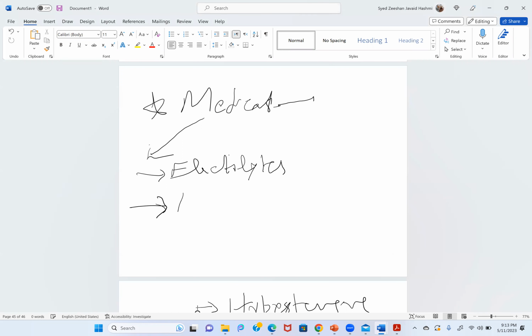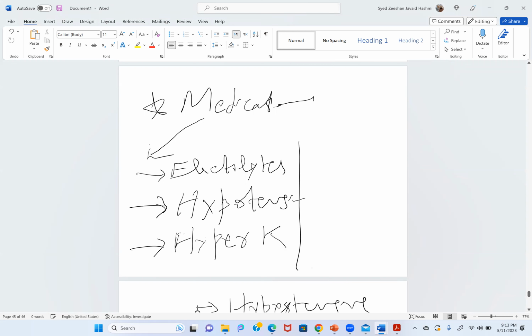actually hypotension, exaggerated hypotension. Electrolyte imbalance, exaggerated hypotension. What else? Hyperkalemia with ACE inhibitors.